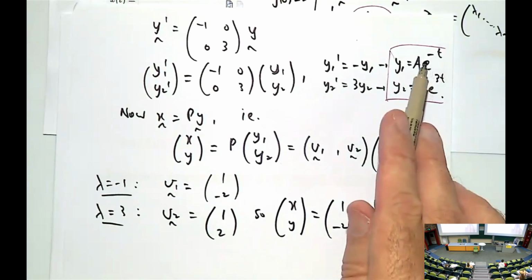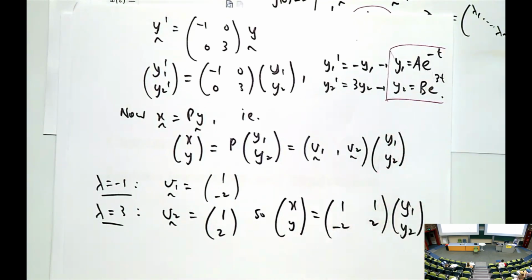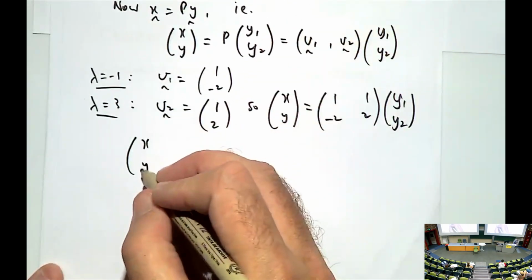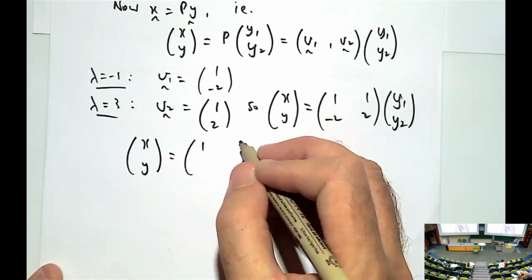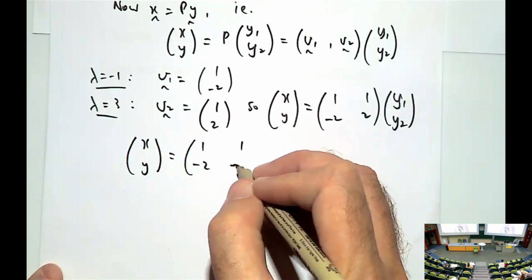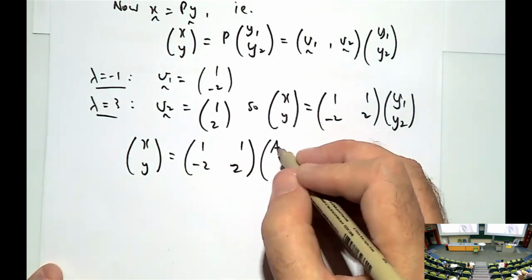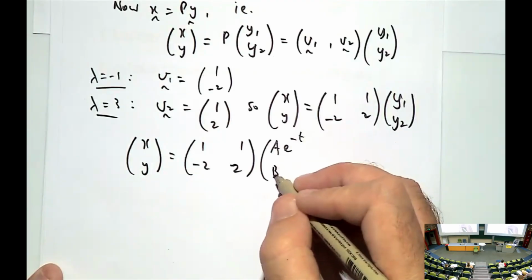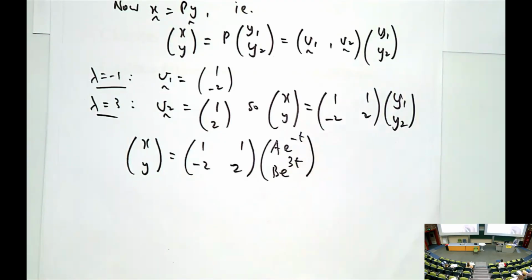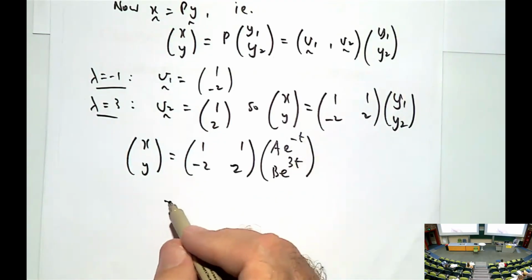Okay, so y1's that, y2's that, we're going to get some sort of linear combination of exponentials. Okay, so we can expand that out.